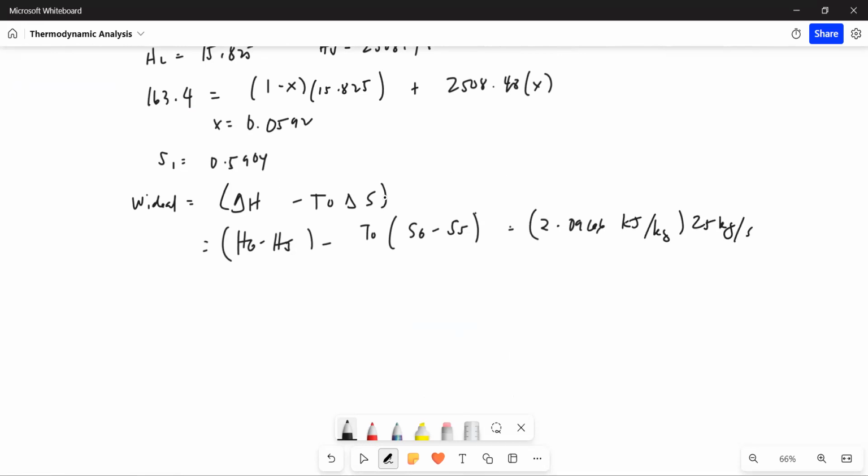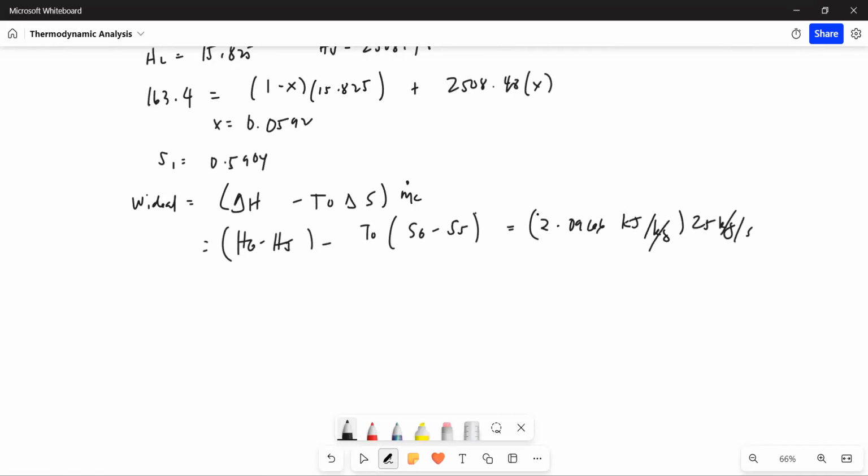So in fact, we have to multiply that. Why? It's because we have two flowing streams, the refrigerant, which is water, and the chilled water, or the water that we're chilling, which is also water. So we have to consider the mass flow rates to correct our energy. Since it's now in kilojoules per second, it's now in terms of power.